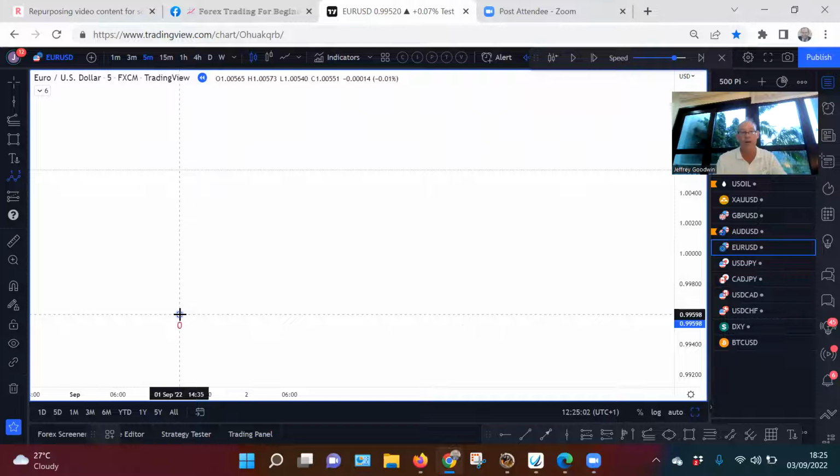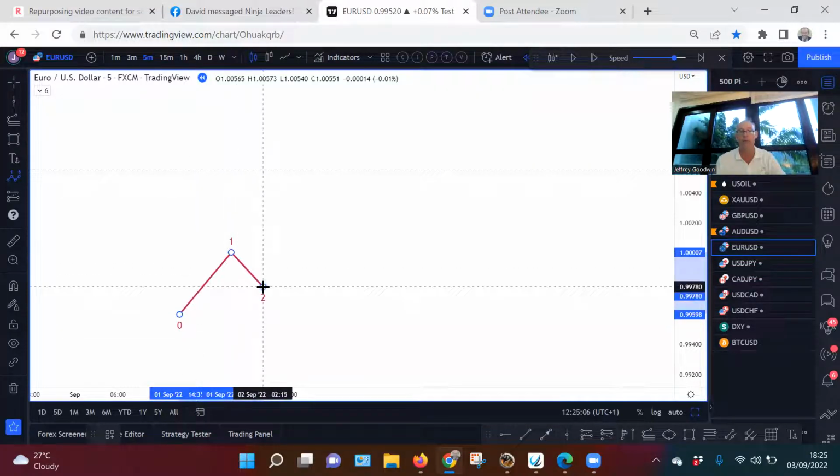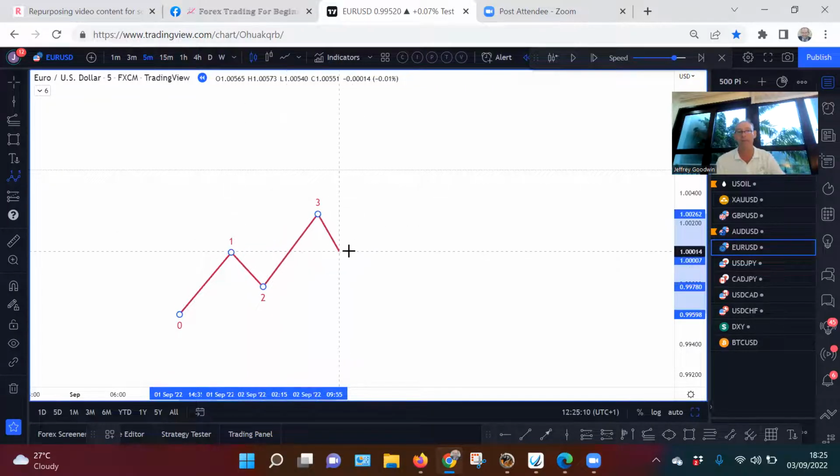What we're looking for in the market is typically a low, it comes up, a pullback, and pullbacks typically follow the same sort of line.